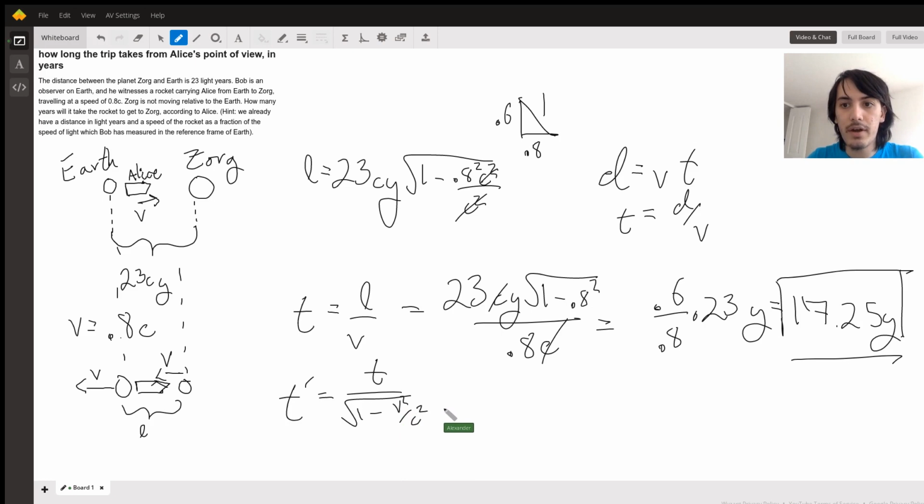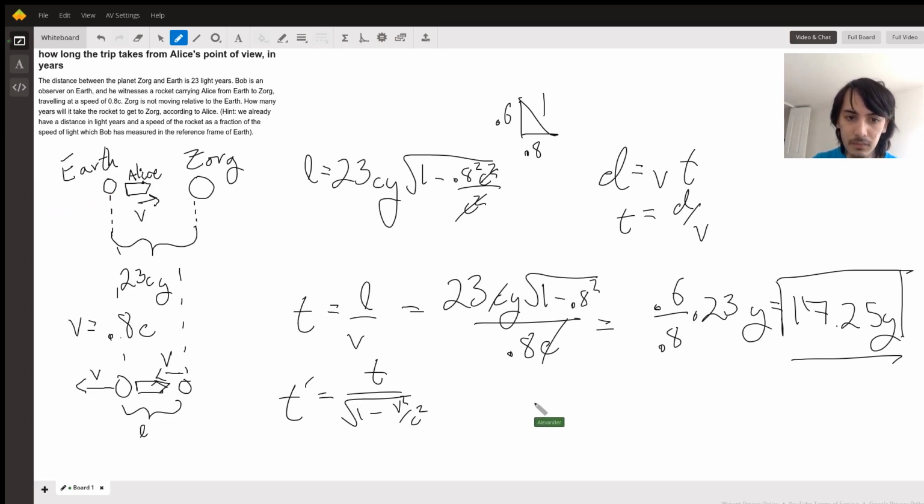And we know that from the observer on Earth's perspective, this journey is going to take 23 years, and the amount of time that the observer is going to see Alice experiencing is going to be slower. So for Alice, since she's experiencing time more slowly according to the observer on the Earth, the time that it overall takes her in her own perspective is going to be less than the observer on Earth.